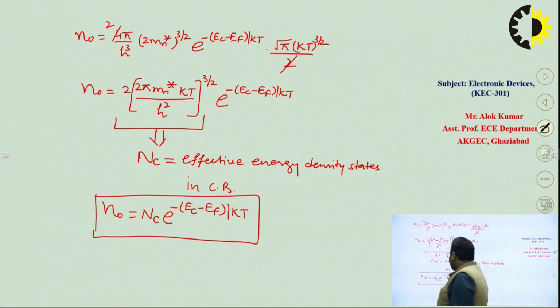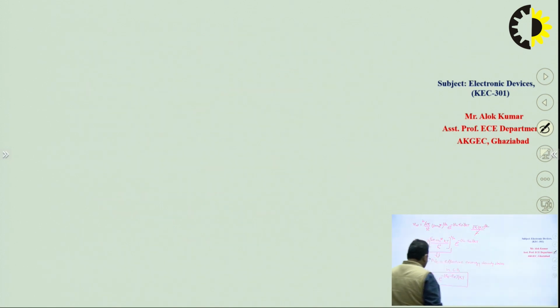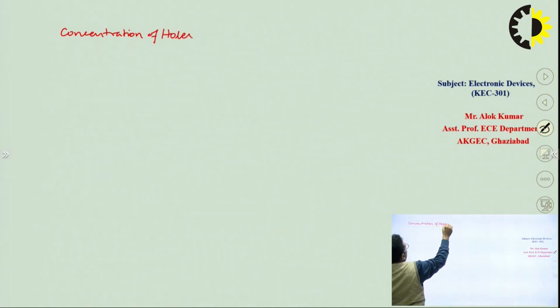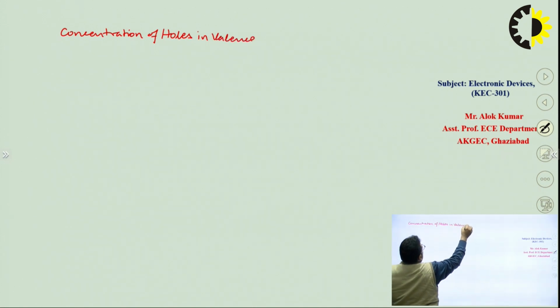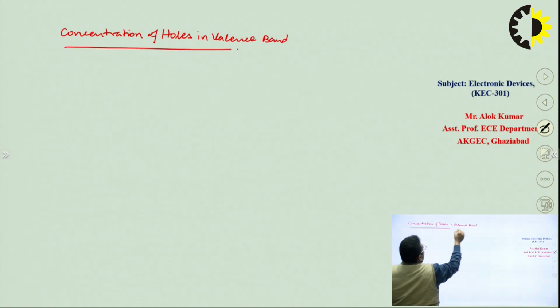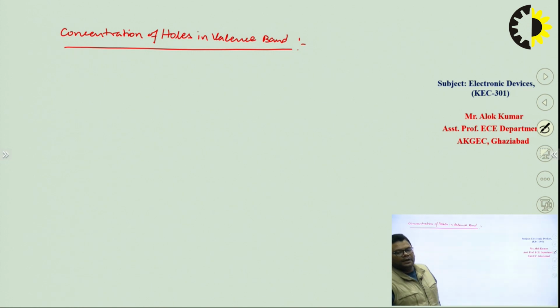So to find the concentration of holes, we will see next the concentration of holes in valence band, or we can say equilibrium concentration of holes in valence band, or thermal equilibrium concentration of holes, right?